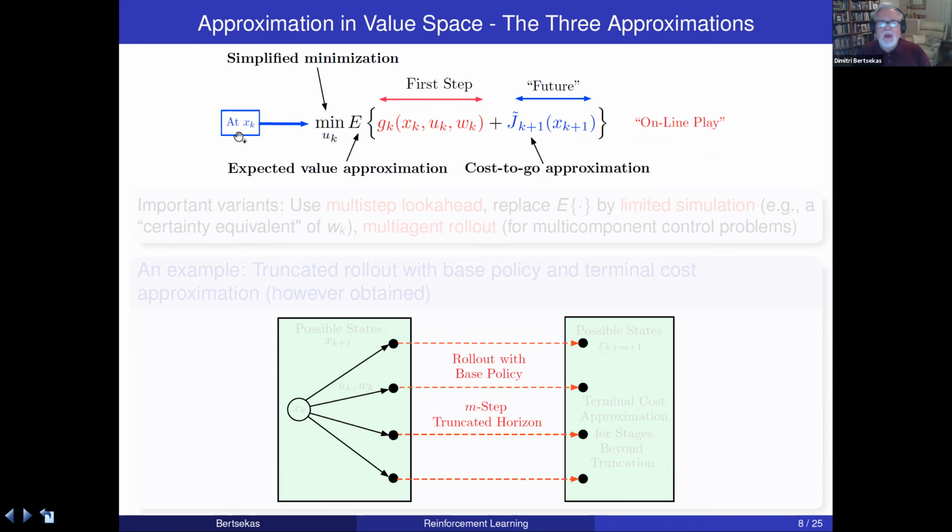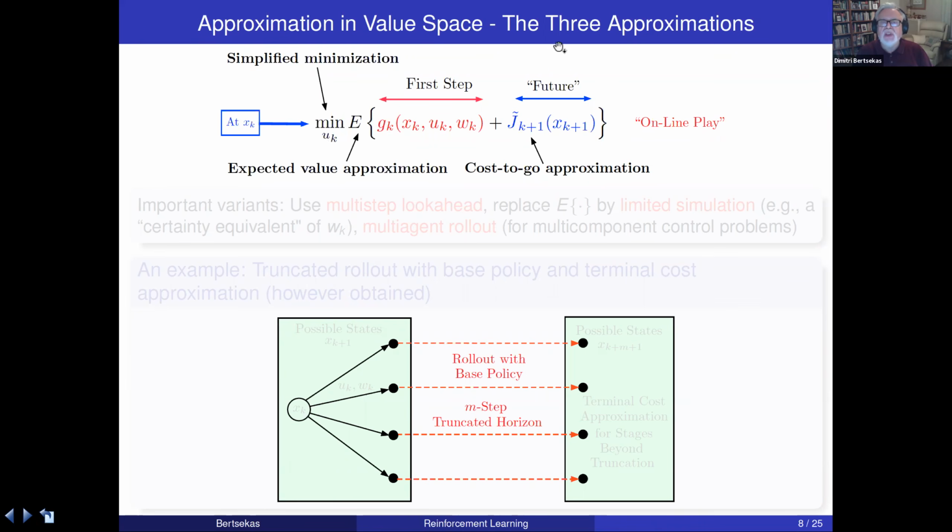As the system is operating, we find that we are at state xk, and then we do this calculation. We introduce the cost of the first stage, and then the cost of the future as approximated by this J tilde in place of J star. Take the expected value of that and minimize over uk. So that's what we do at every stage and state.